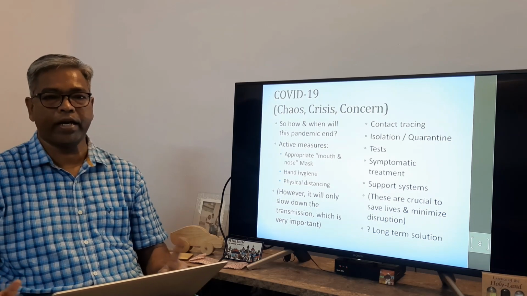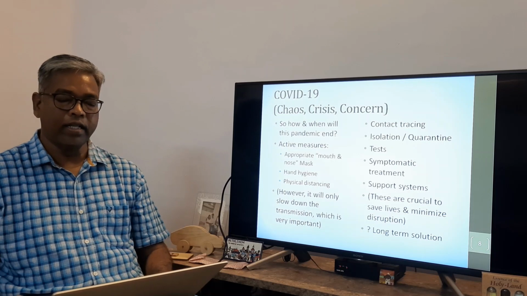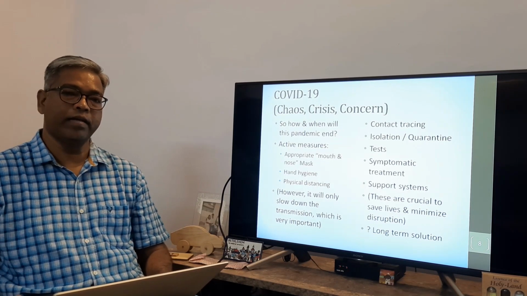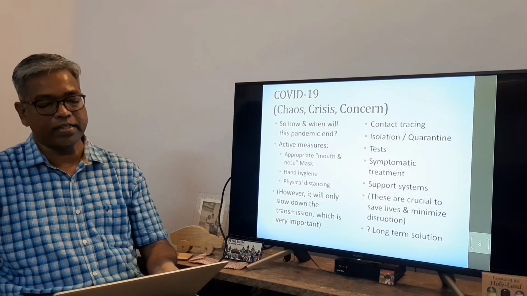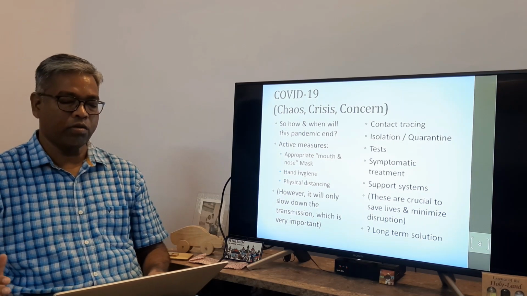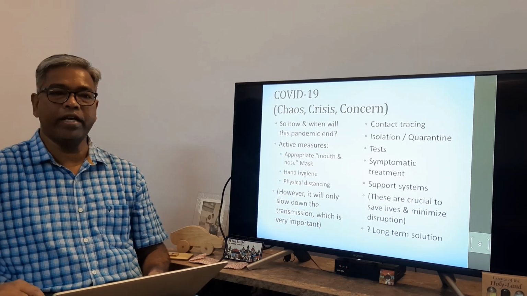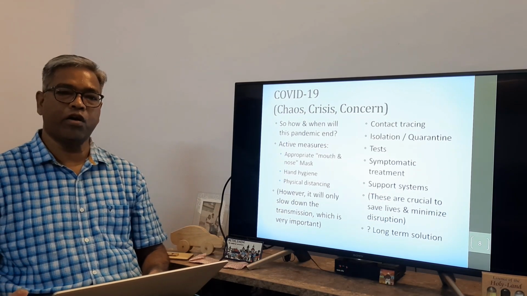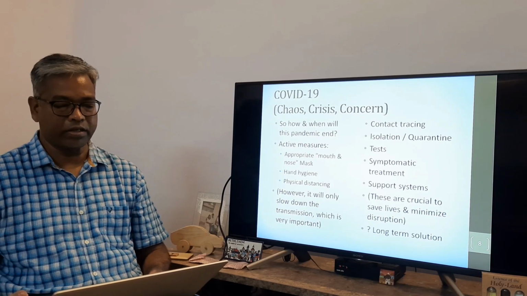But if you compare the effectiveness of both, soap washing is definitely much better than merely sanitizing your hands. And physical distancing is very important, so one needs to keep physical distance. Even in a family living in the same house, if we can sit around with a distance of about 1 meter, that helps.